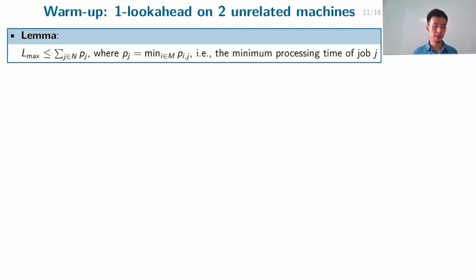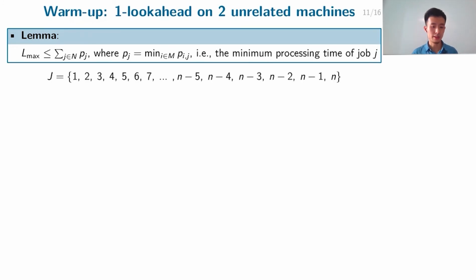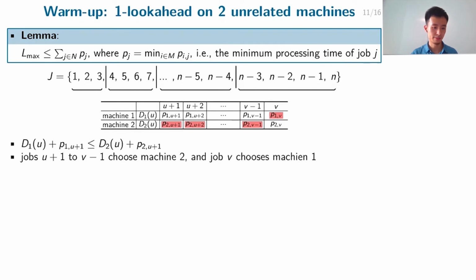Now the problem is how to prove the main lemma. The idea is to divide the jobs into certain groups, and each group satisfies some conditions. Let's take one group as an example.